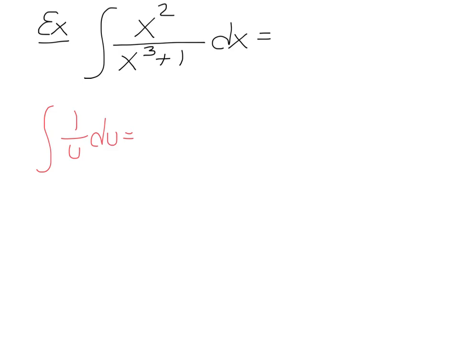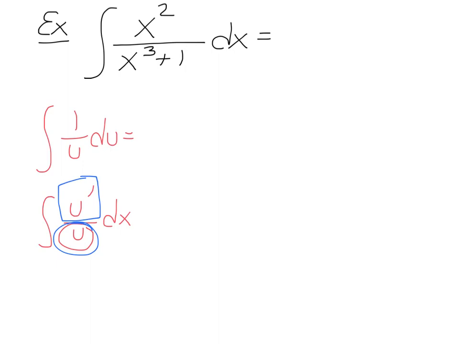One of the keys and one of the patterns you're going to look for is that if you see that you have some function on the bottom, and at the same time I see that function's derivative in my numerator, again, remember it can differ by just a constant, I'm going to be thinking about using u substitution to hopefully turn it into a natural log.